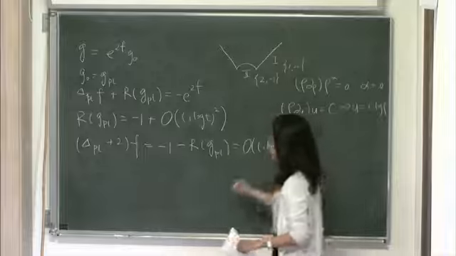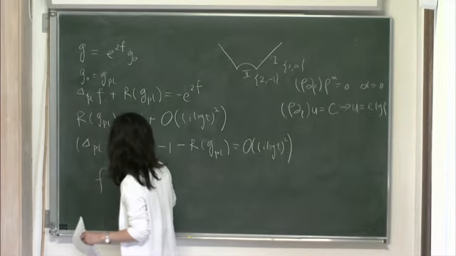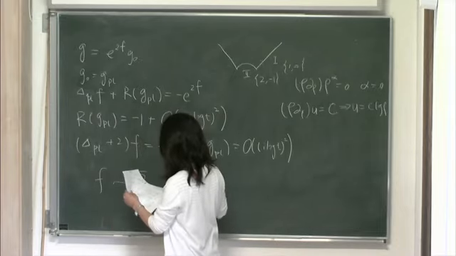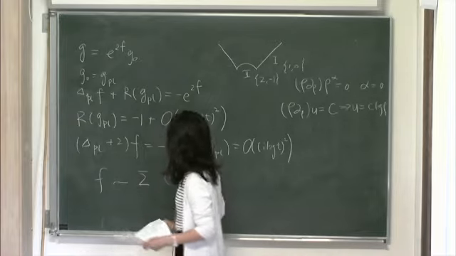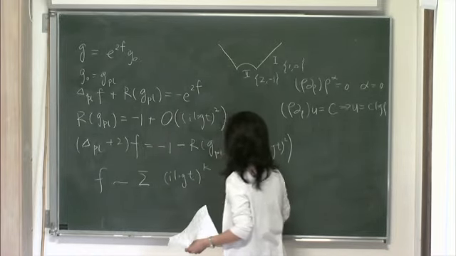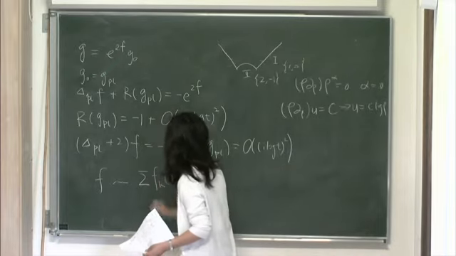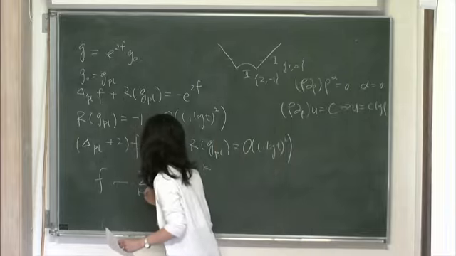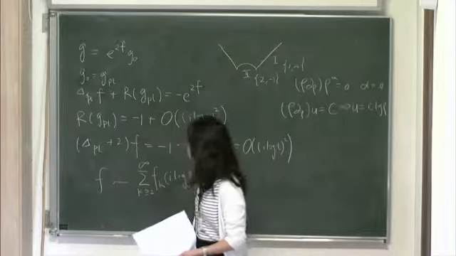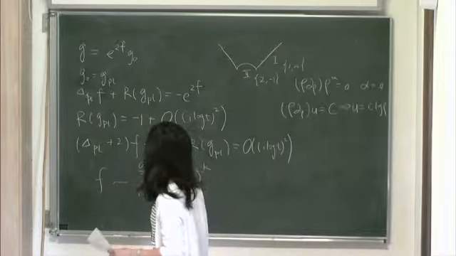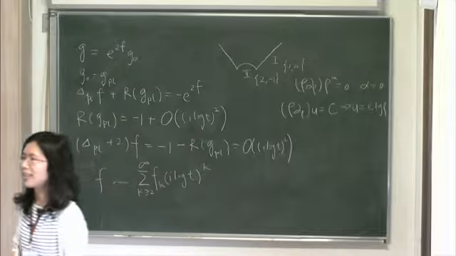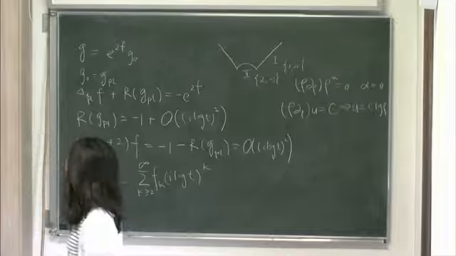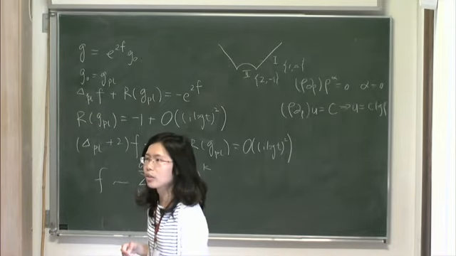So f is expanded using this I log t, then there's a coefficient before I log t, and k starts from 2. And because of the process I described earlier about this appearance of extra log, in general this coefficient f_k would have extra log terms in terms of t.